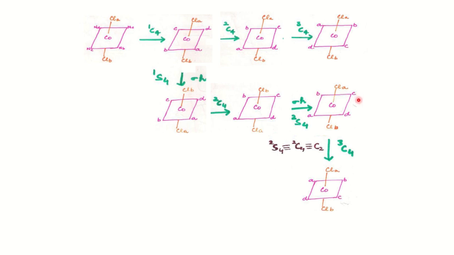B will come in place of C, and you get this structure. We have seen that we can reduce this, as we saw just now in the associated operations, this is C2. Further, rotation followed by reflection, the two chlorines will interchange, and this is the S4^3 operation.